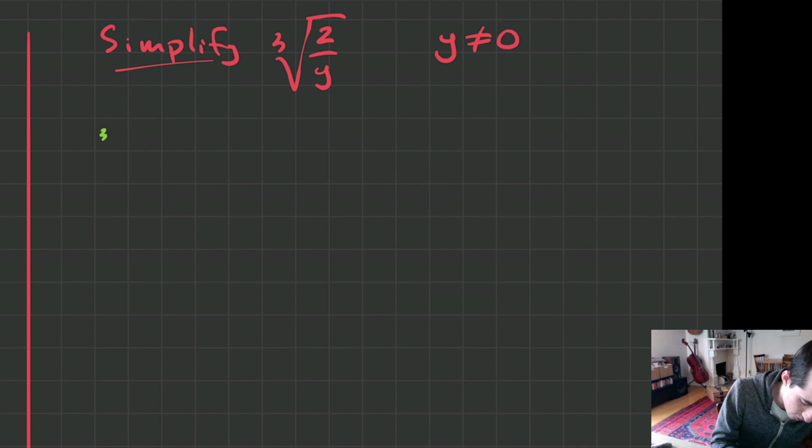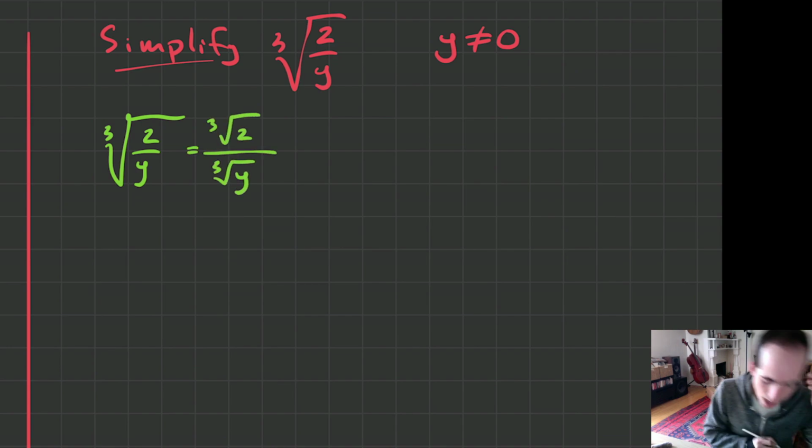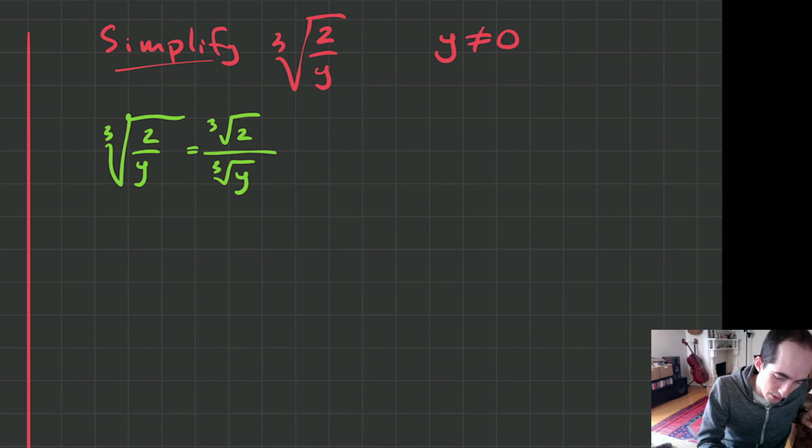I've got the cube root of 2 over y, and that's equal to the cube root of 2 over the cube root of y. Okay, so that's fine. So what we're going to do then is multiply the numerator and the denominator by the cube root of y.